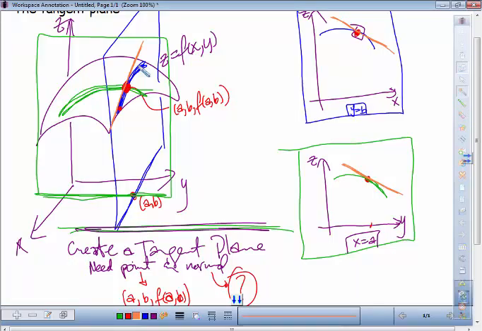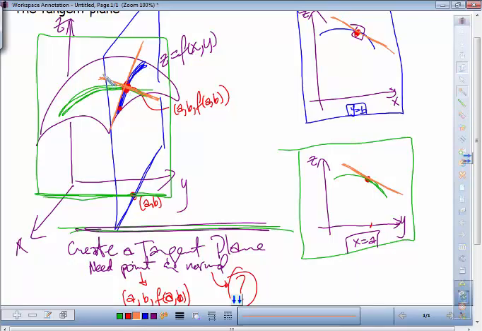If you look at a surface, imagine a sphere or something smooth, and you pick a point there, how many tangent lines can you possibly have on that smooth surface? A lot. Infinite, yeah. So we actually have a choice of infinitely many tangent lines, but we'll just settle for two: one going along the x and one going along the y.